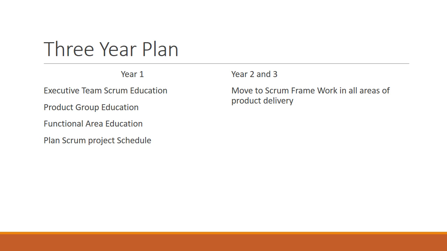So to move to this framework, our proposal is a 3-year plan. The first year is purely doing things such as educating the executive team, educating the product group teams, educating the functional area teams, and doing the plan for how to roll out Scrum as a part of the various areas of product development.